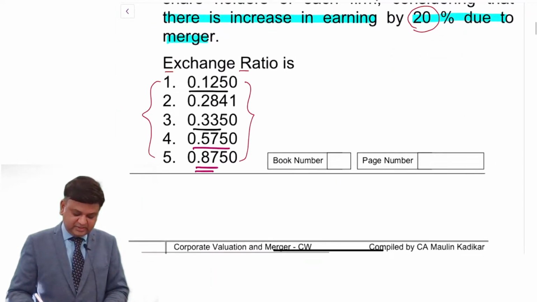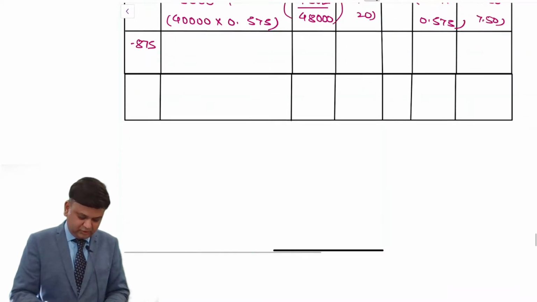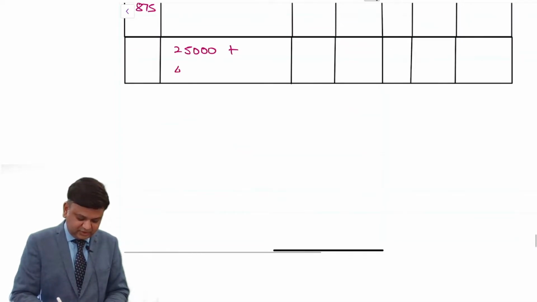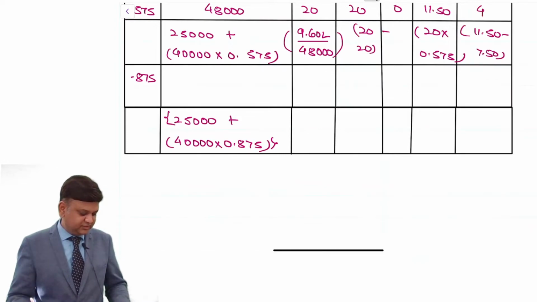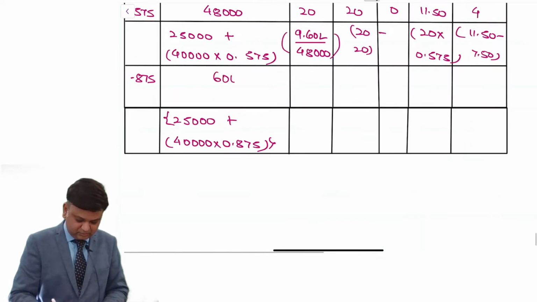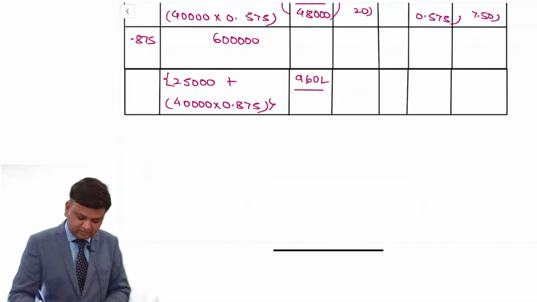Next is 0.875. So again 25,000 plus 40,000 into 0.875. So number of shares comes to 60,000. 9,60,000 upon 60,000.